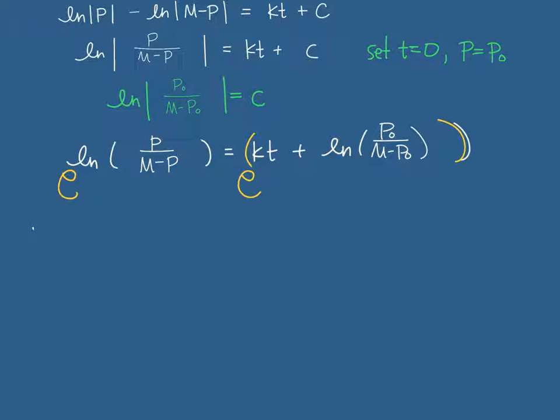This is the growth of a population, so P has to be positive. It's never going to be less than 0. So this is going to clean us up quite a bit, and we'll just end up with P over M minus P equals e to the kt.